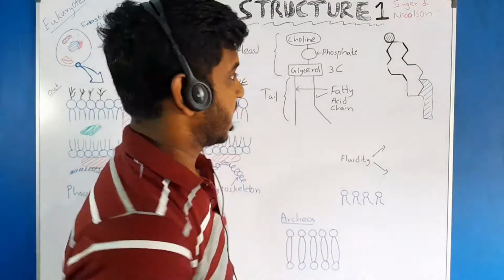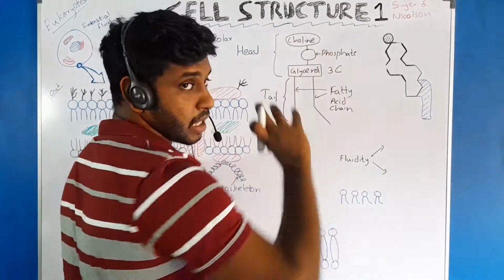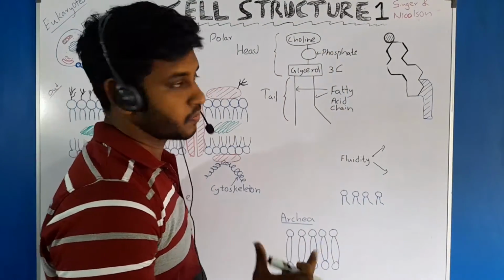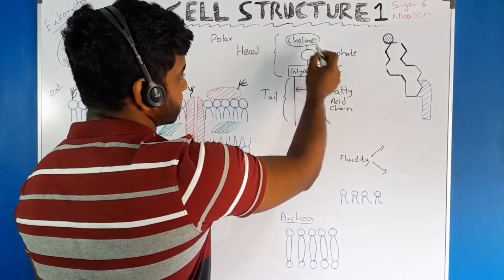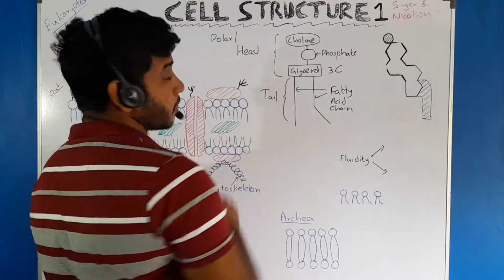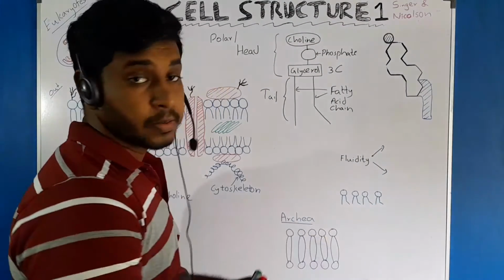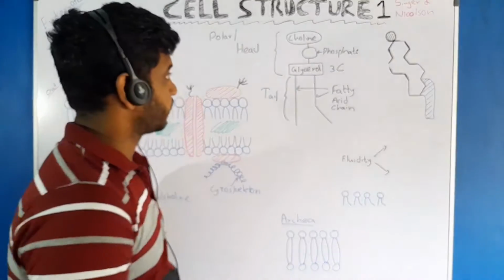Polar means this group's electron cloud has a charge. So they can make interactions with other polar molecules like water.